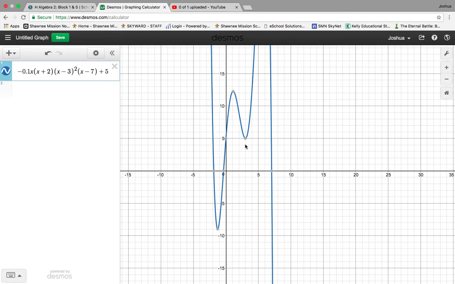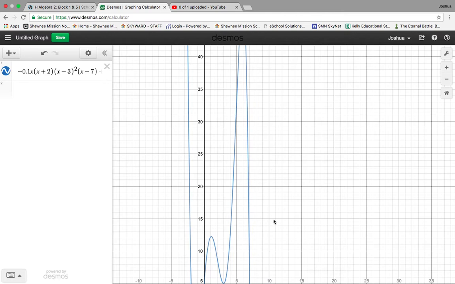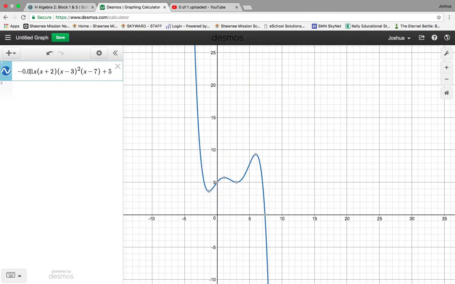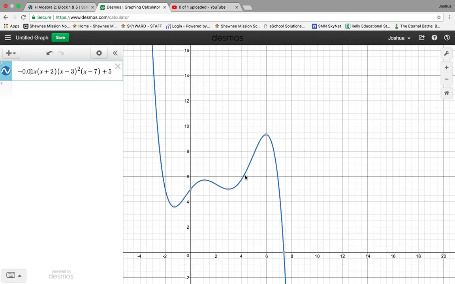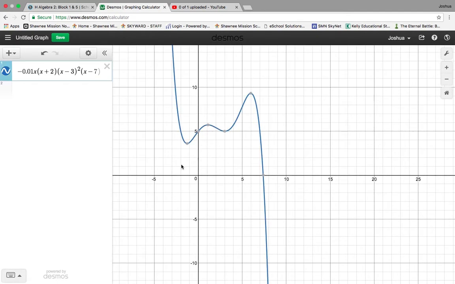Ooh, whoa. That's going to be big. I like it though. Let's maybe make this even smaller. Ooh, there we go. I like that. Okay, so we're going to use this as our new roller coaster this time. And because I don't have an x-intercept to start at, it looks like I'm going to start here. Up to there, up to here. Cool.